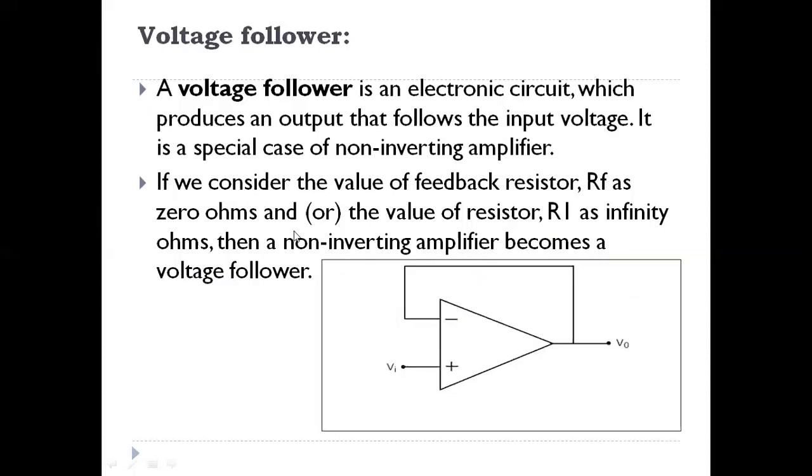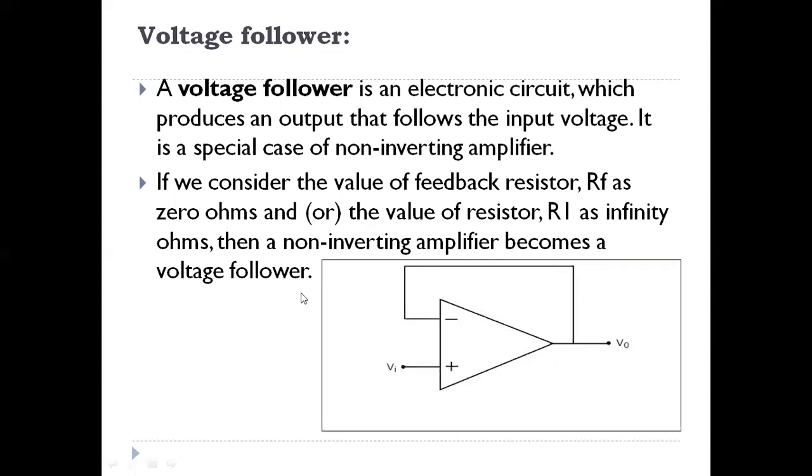The next one is the voltage follower. What is meant by a voltage follower? This is the circuit which produces an output equal to the input voltage. It is an electronic circuit which produces an output that follows the input voltage. It is a special case of the non-inverting amplifier.